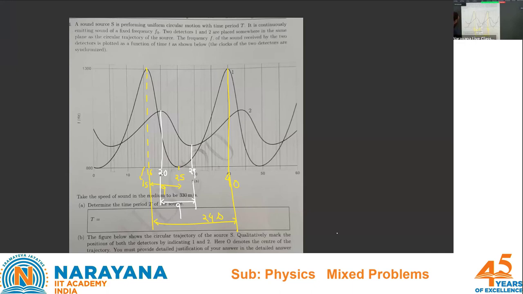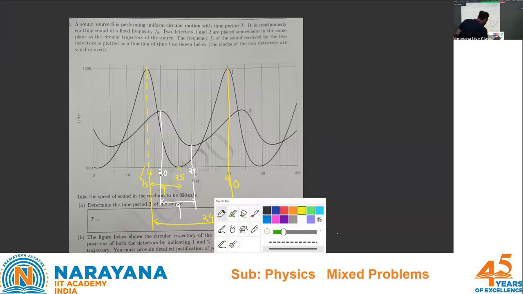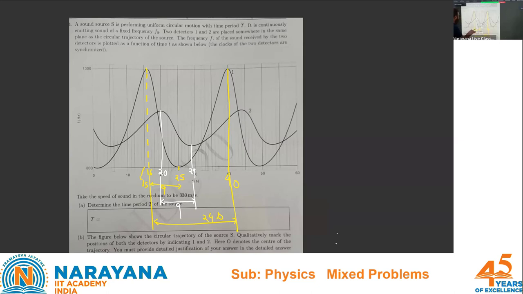And even if you look into the second graph, this is the only critical thing required, then you can start solving. So 20 is this, and when you look into the peak again, somewhere here, that value comes out as 44.